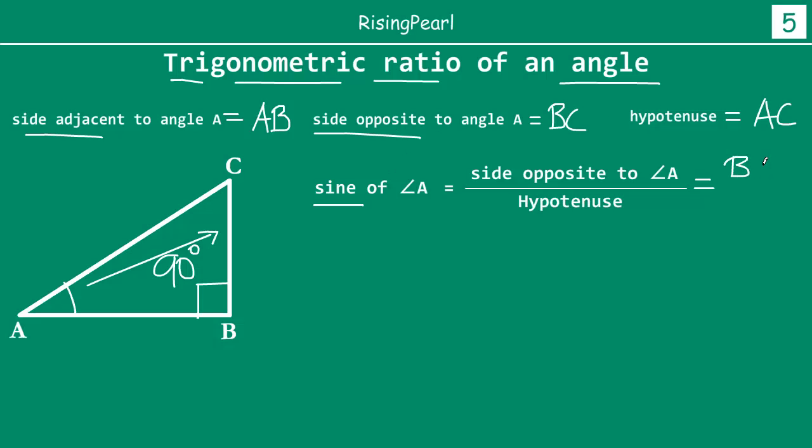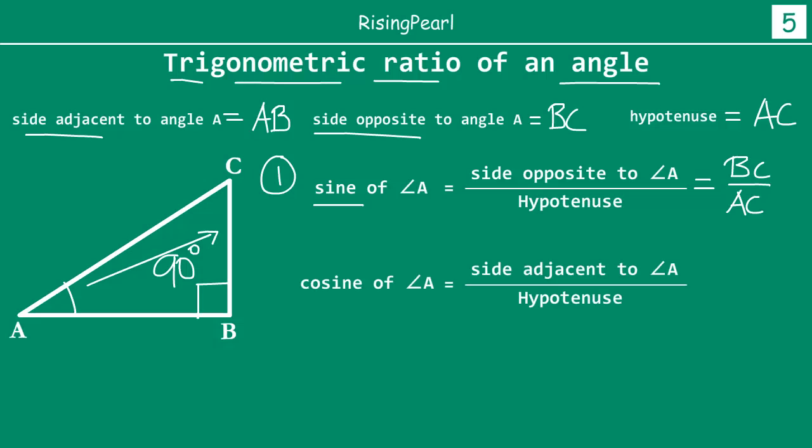So sine of angle A will be expressed as the ratio of BC divided by the hypotenuse, which is AC. So for the first time, friends, we have sine of an angle expressed as a ratio of two sides of a triangle. This is very, very important. This is our first trigonometric ratio: sine of angle A equals BC by AC, that is, the opposite side to angle A divided by the hypotenuse.